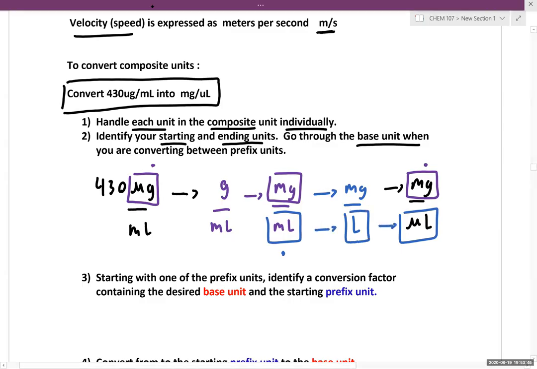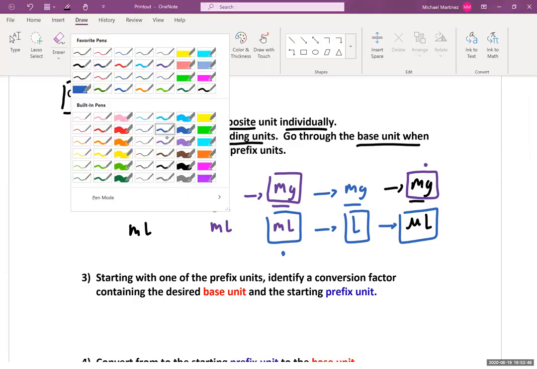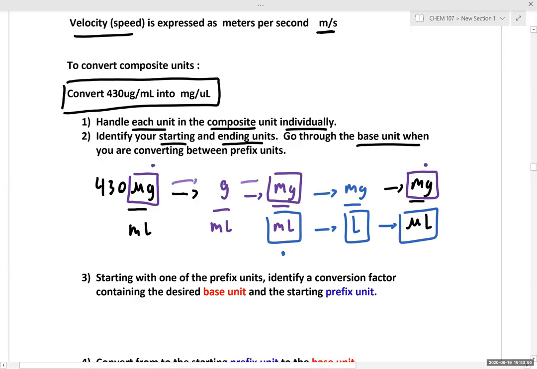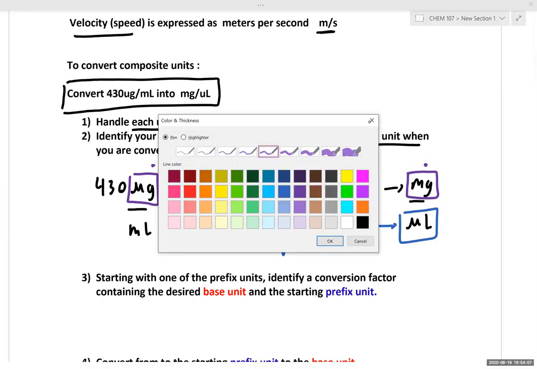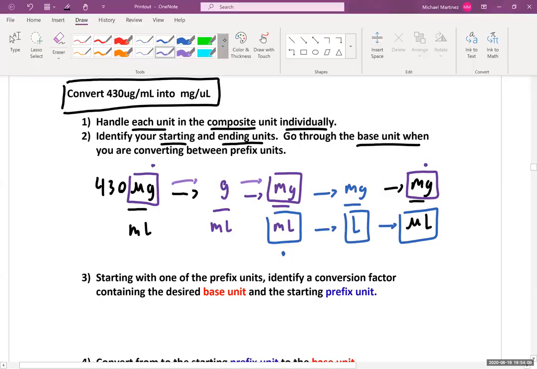Notice how, in effect, we have two unit conversions lumped together. Does everyone see that? On the top, we're going from micrograms to milligrams, and on the bottom, we're going from 1 over milliliter to 1 over microliter. Step by step, we're going to start with one of our prefix units.